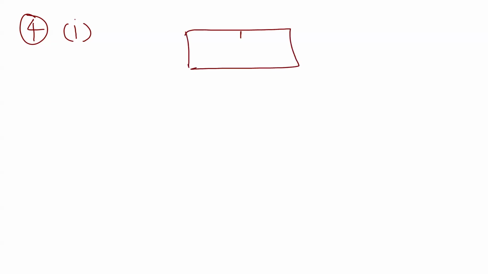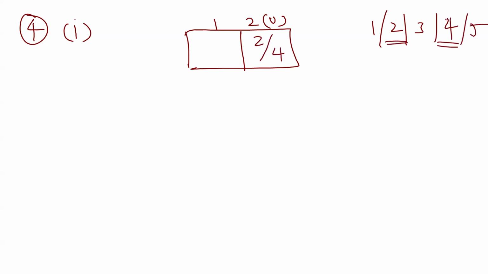U is the units place. The object list is clear. There is no zero in the object list: 1, 2, 3, 4, 5. So only 2 and 4 can occur over here. 2 or 4, so this is two ways.